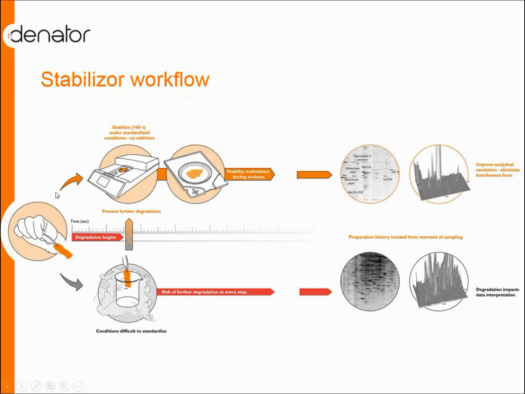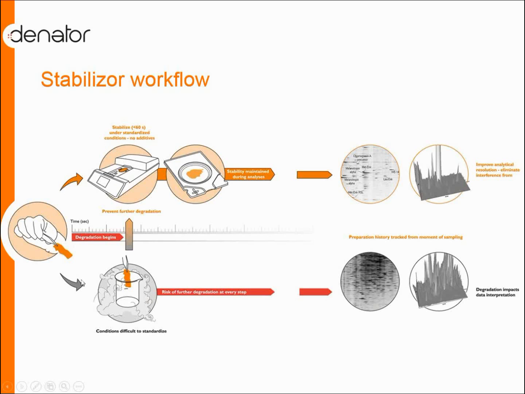You insert the sample into the Maintainer Tissue and then directly into the stabilizer, and you have stabilization and inactivation of the enzymes roughly between 30 and 60 seconds after you introduce the sample into the stabilizer.